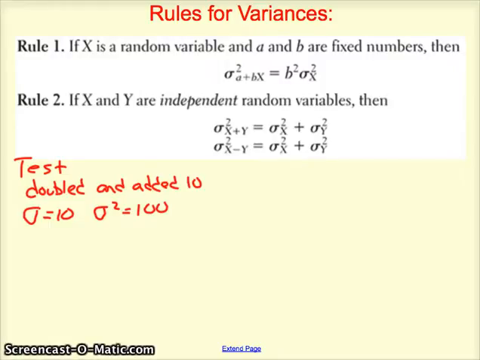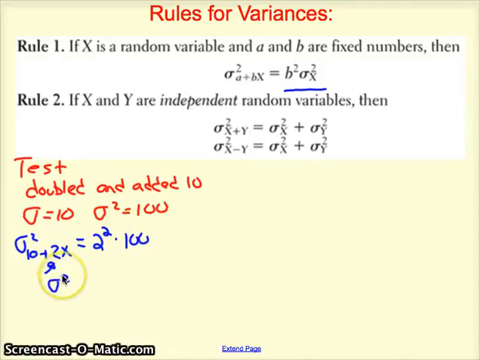Well, what happened? Let's see. The new variance comes after I add 10 and double the original scores. And the symbolism up here would tell us, well, to get the new variance, we're going to take this doubling factor and square it. So I've got 2 squared times the original variance of 100.